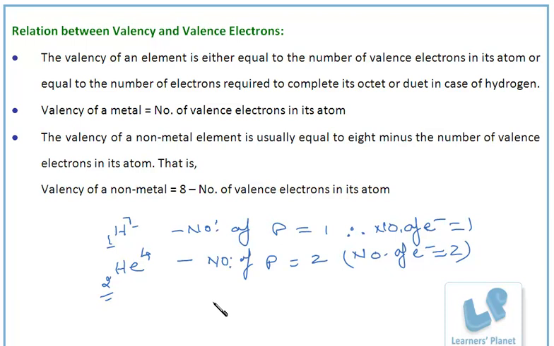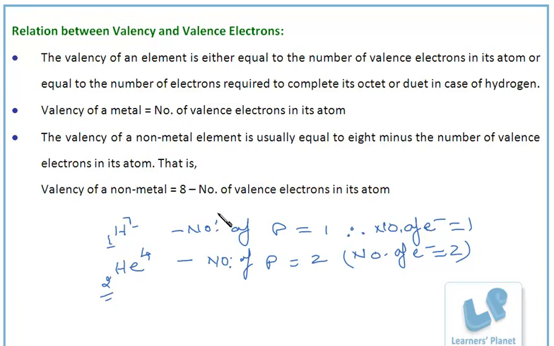That is, the maximum number of electrons which a hydrogen atom can accommodate in its outermost shell is 2. So that is what is written here, that the valency of an element is either equal to the number of valence electrons in its atom or equal to the number of electrons required to complete its octet, or duet in case of hydrogen. Now let's see the valency of metals. What is it?